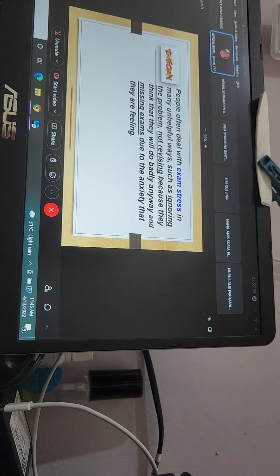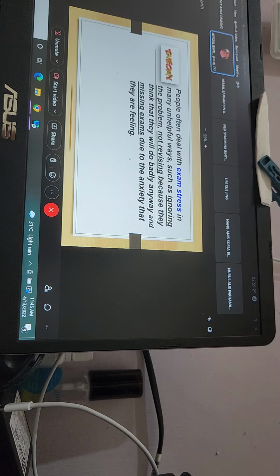For example, people often deal with exam stress in many unhelpful ways, such as ignoring the problem, not revising because they think they will do badly anyway, and missing the exam due to the anxiety they are feeling. This is the theory about attitudes toward exam stress.